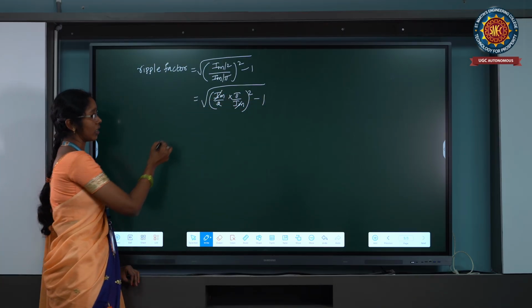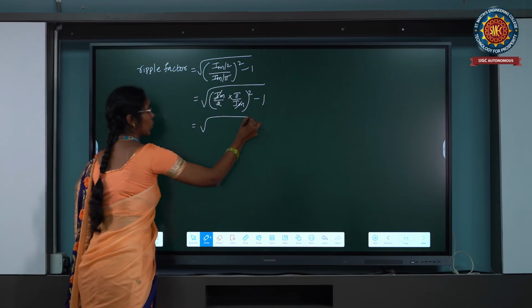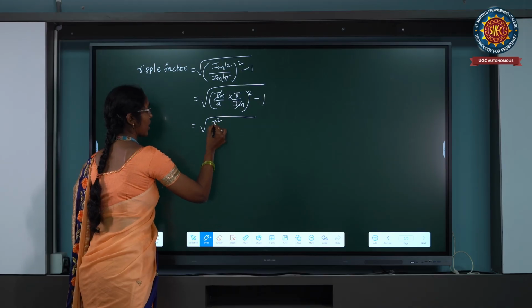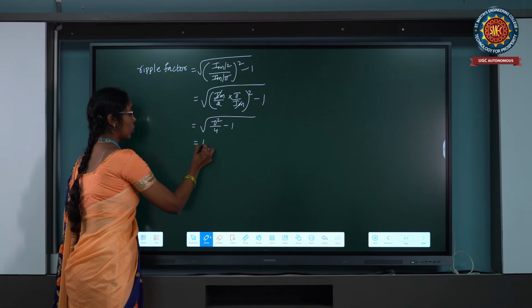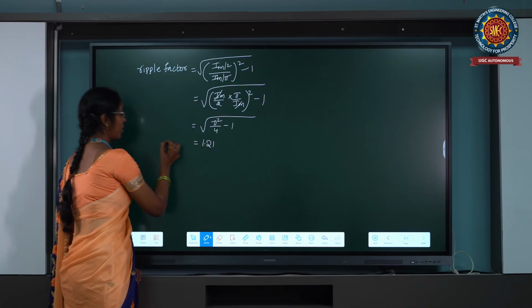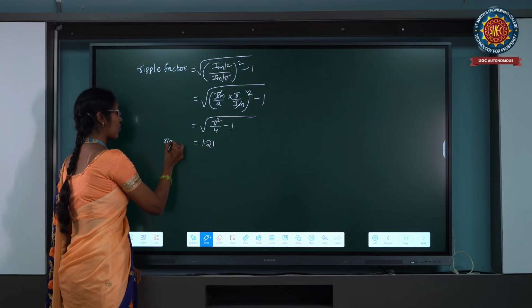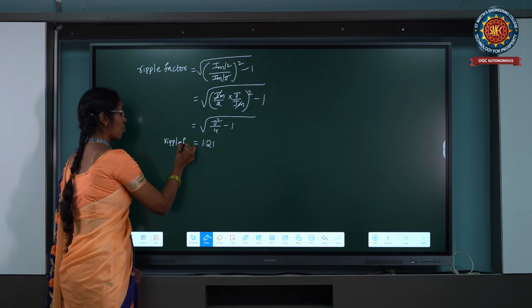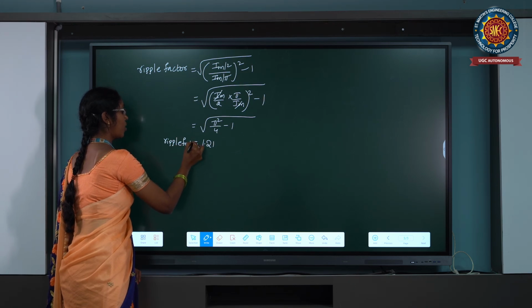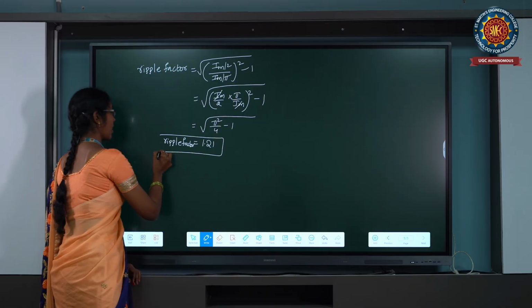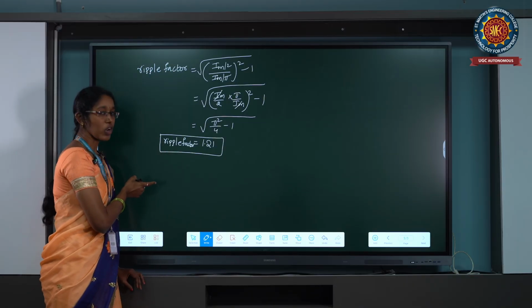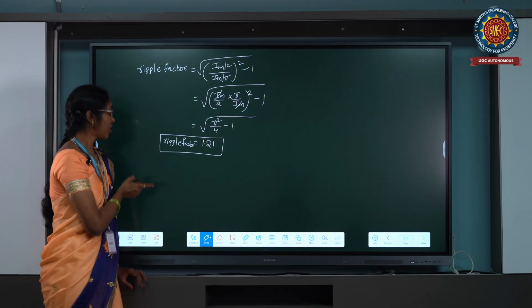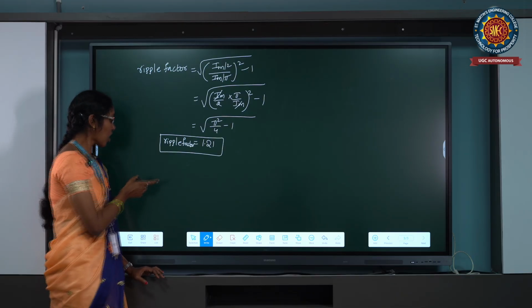Im gets cancelled. That is equal to root of pi square by 4 minus 1. That is equal to 1.21. So the ripple factor for half wave rectifier is 1.21. It means we are getting a higher amount of AC components in the rectified output of the half wave rectifier.